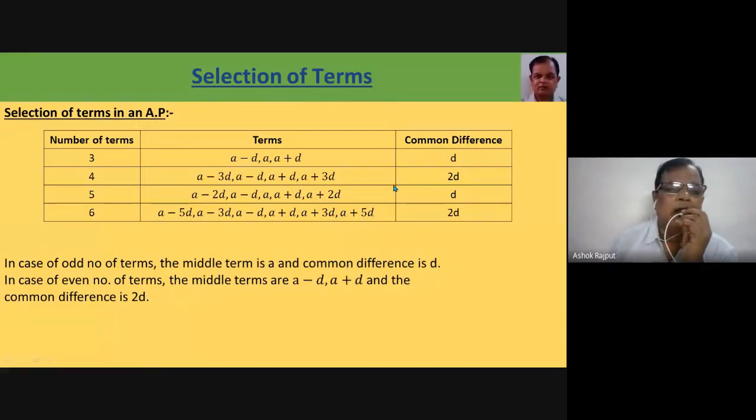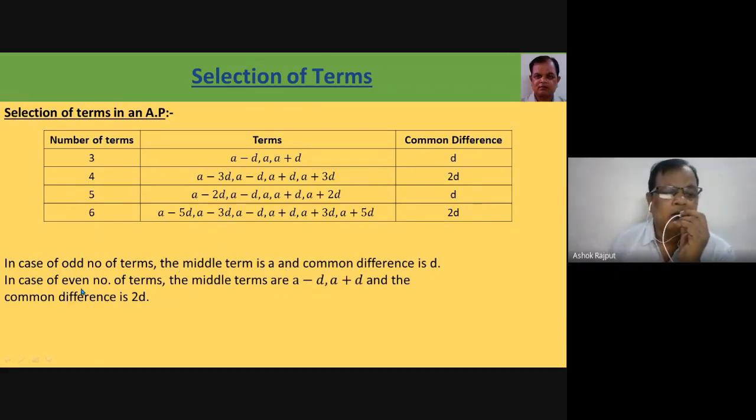Now we see that if the number of terms is odd, as 3 or 5, then the common difference is d. If terms are even, then the common difference is 2d. As we have explained, in case of an odd number of terms, the middle term is a and the common difference is d.